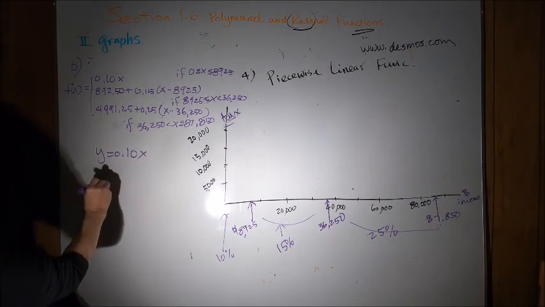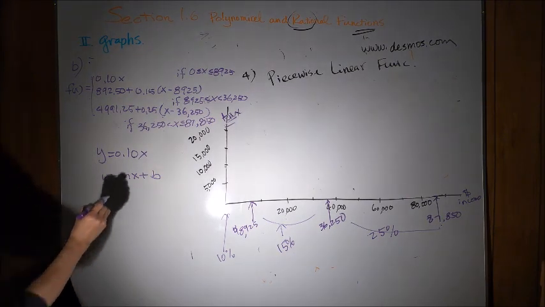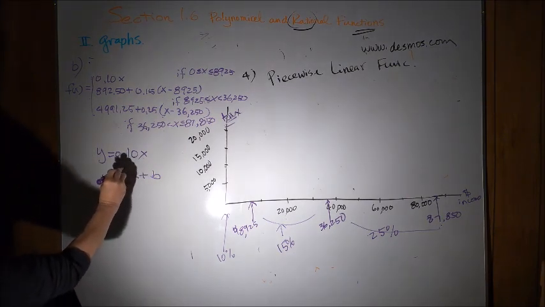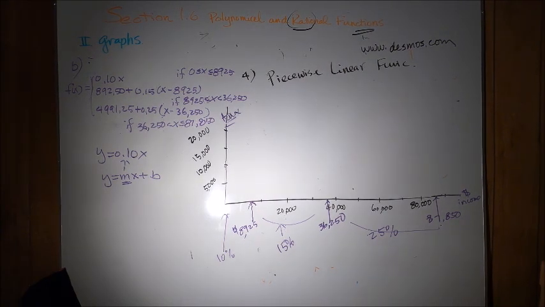So it's slope-intercept form, right? 0.1 is m. That's your slope, so it will look like this. So 10%.